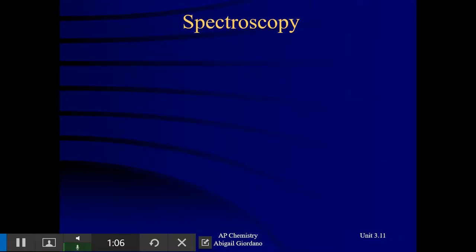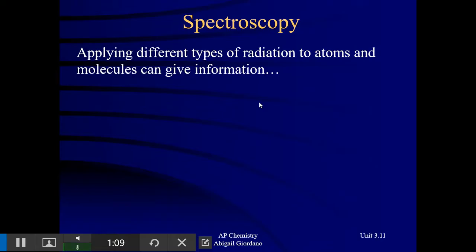The concept of spectroscopy means applying these different types of radiation, and again, we're going to focus in on just certain types of them, to atoms and molecules, and based on what those atoms and molecules do, can give us some information about them. That's what spectroscopy is all about.